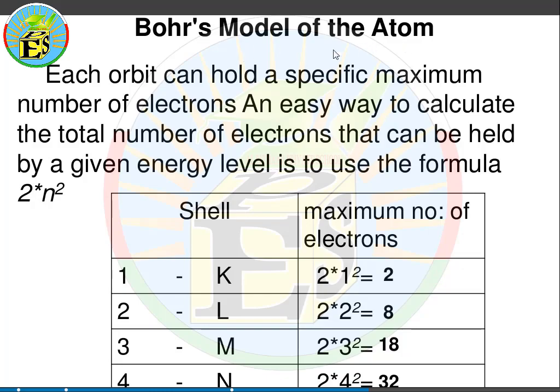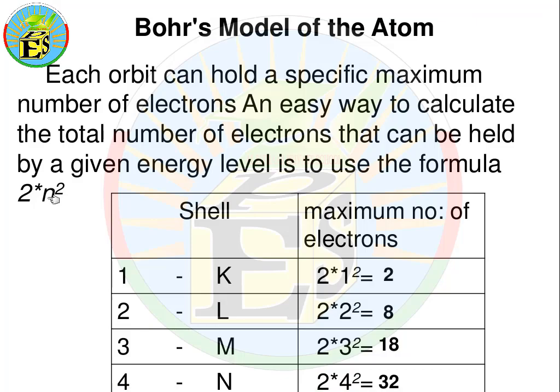In Bohr's model of the atom, each orbit can hold a specific maximum number of electrons, and one way to calculate the total number of electrons that can be held by a given energy level is to use the formula 2n². It means n takes 1, 2, 3.